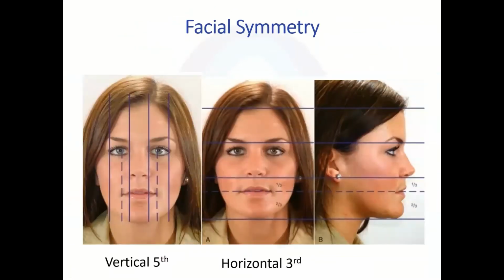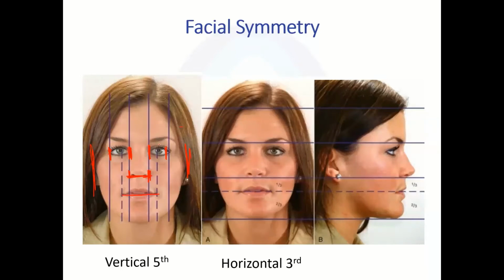The next thing is the rule of fifths and rule of thirds. You divide the face into five segments, marked by the lateral side of the ear, the lateral and medial sides of the eyes, and so on. You check for symmetry in the vertical fifths. Width of the nose is in the middle fifth.